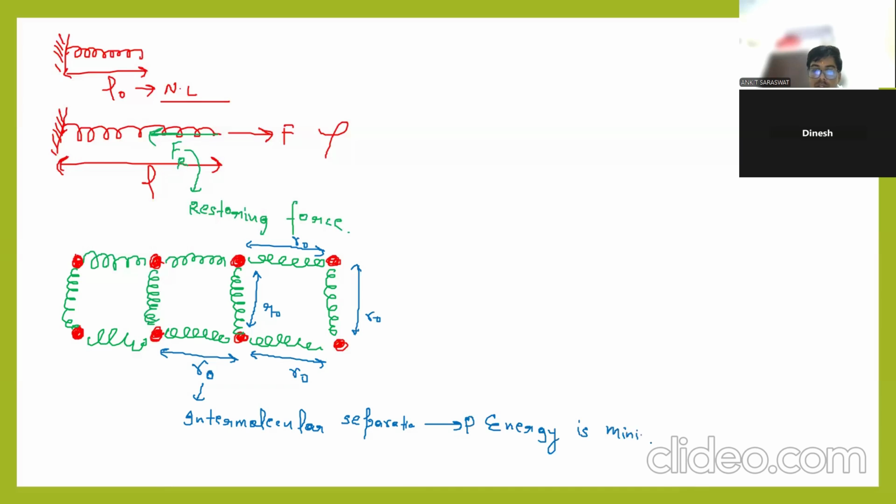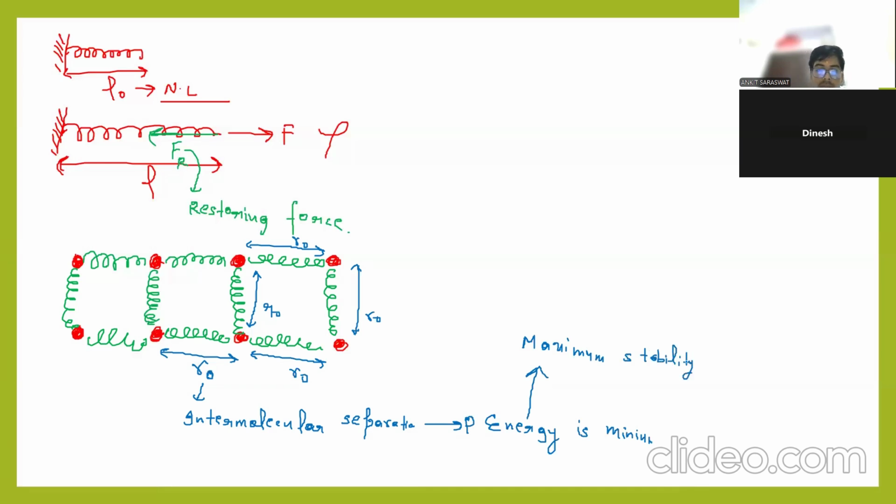At this separation, energy is minimum. When the particle has minimum energy, it has maximum stability. Everybody wants to be in a stable form.